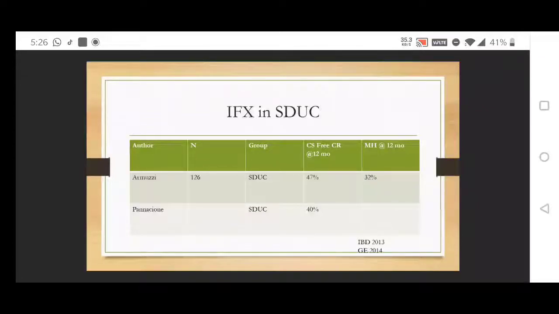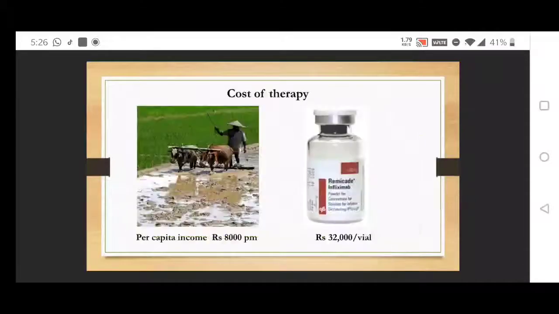And you can see a corticosteroid-free clinical remission at 1 year of 47%, and in this study, 40%. So we can say roughly that between 40 to 50% of the patients would have a corticosteroid-free clinical remission with Infliximab. And this is much more than Act 1 and Act 2, which showed only about 20 or 22%.